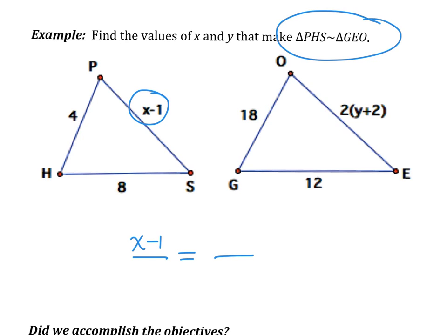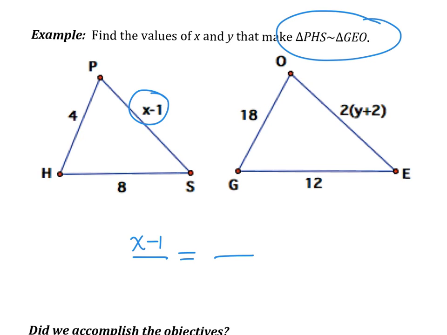What side does x minus 1 relate to? On the other triangle, which one does it correspond to? You say 2 times y plus 2. Anybody else? She says it corresponds to 18. Anybody else? 18.